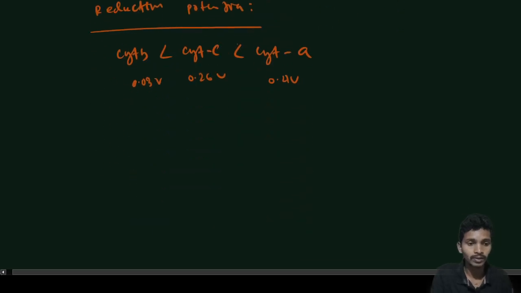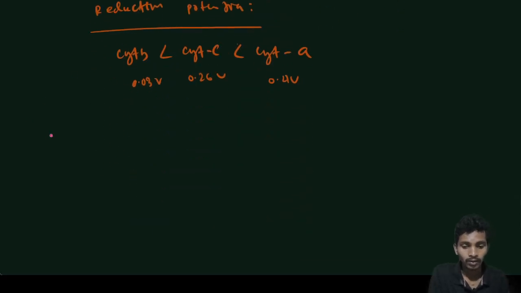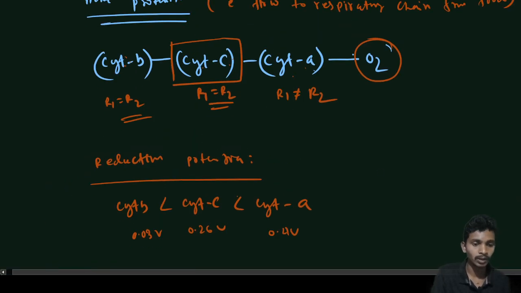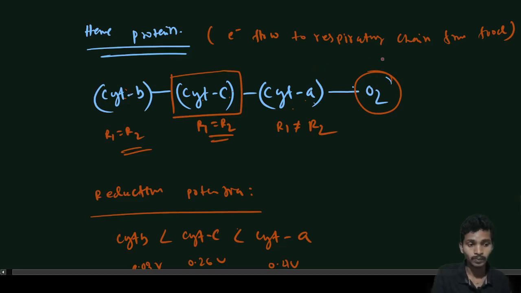First we will discuss cytochrome C. In the electron flow from food, you see that it lies in the middle.